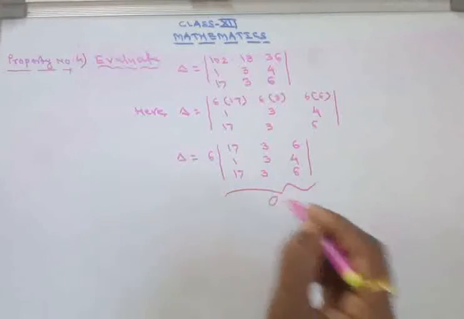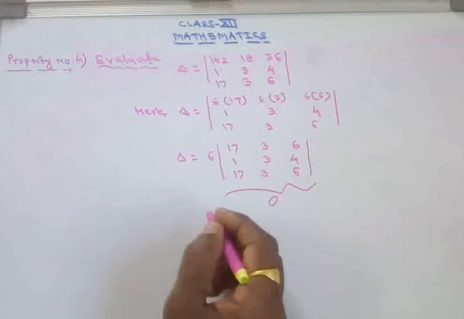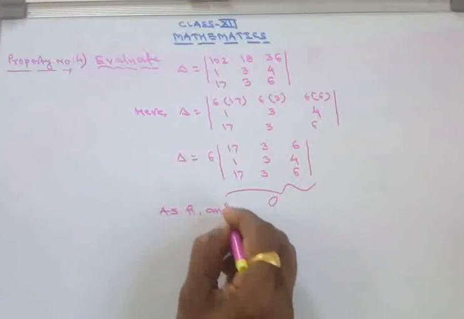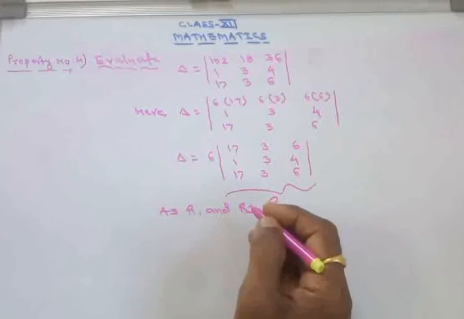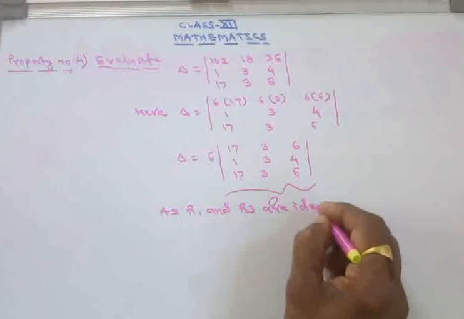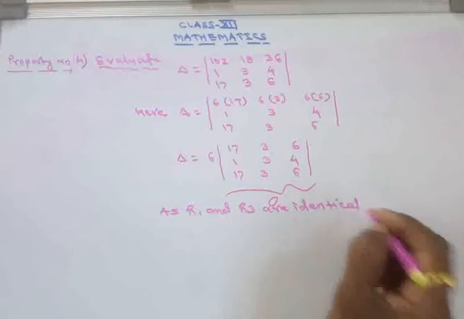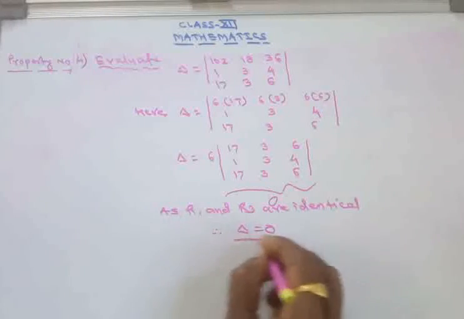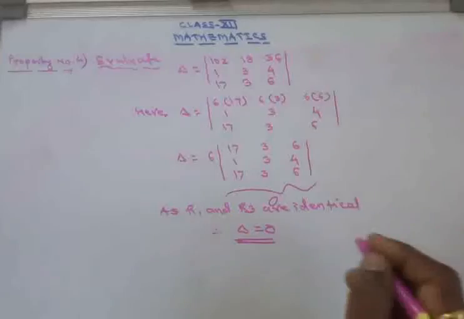Therefore the value of this determinant is 0. So as R1 and R3 are identical, delta equals 6 times 0, which means 0.